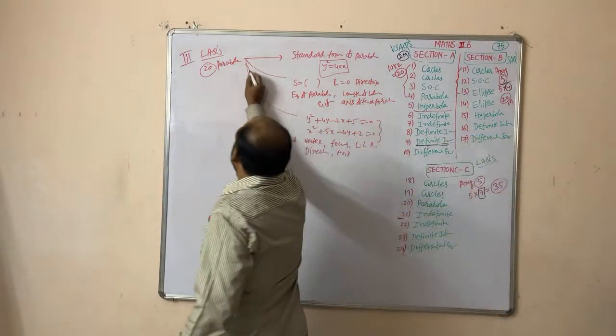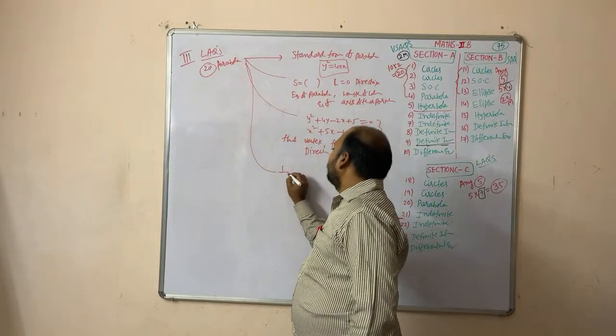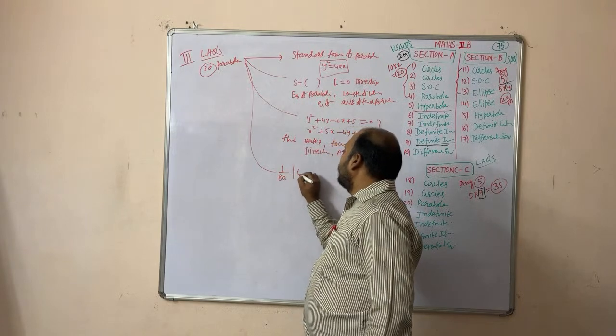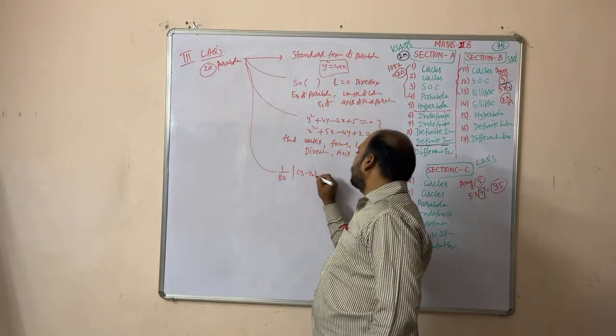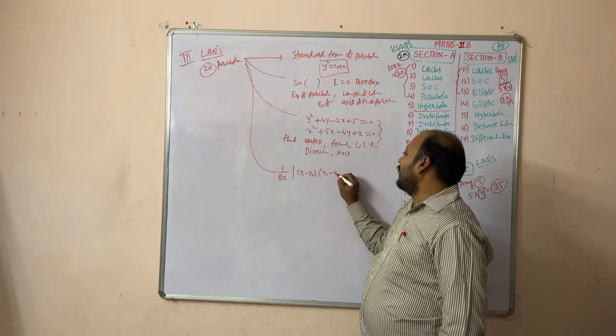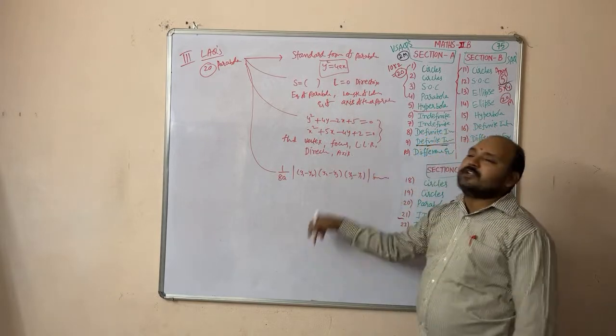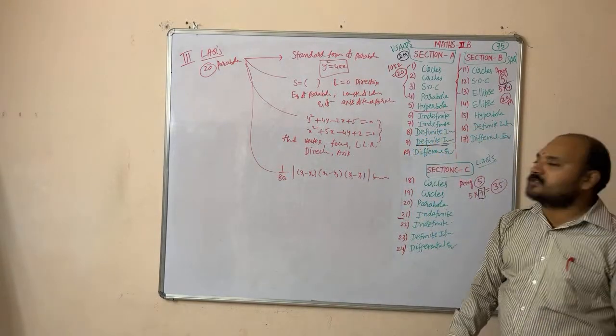Next possibility, the area of the triangle formed by the points lying on the parabola y square equal to 4x: 1 by 8 into (y1 minus y2)(y2 minus y3)(y3 minus y1) square units. These are the problems.